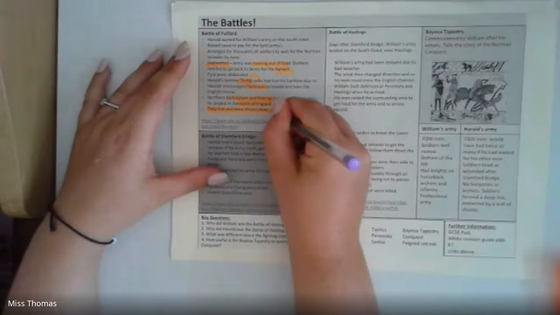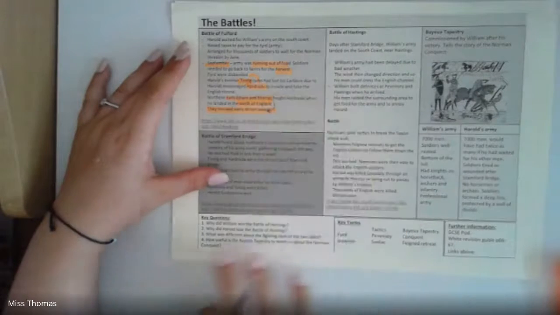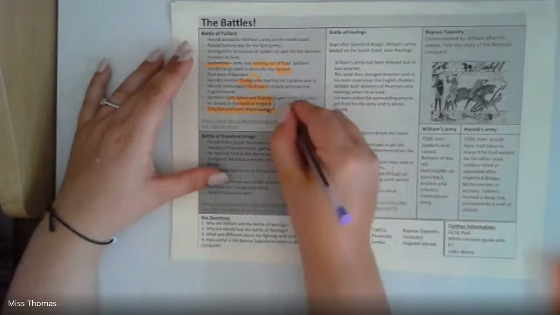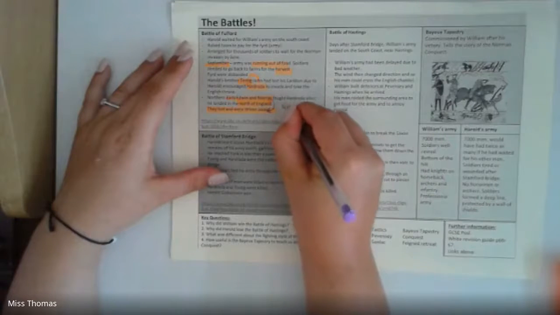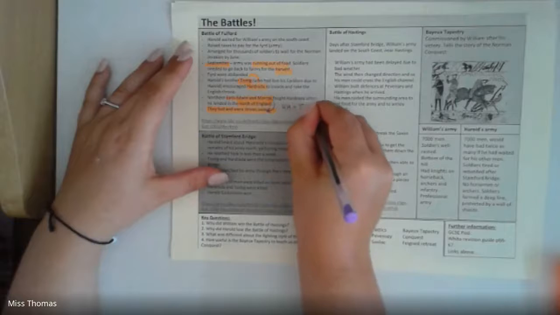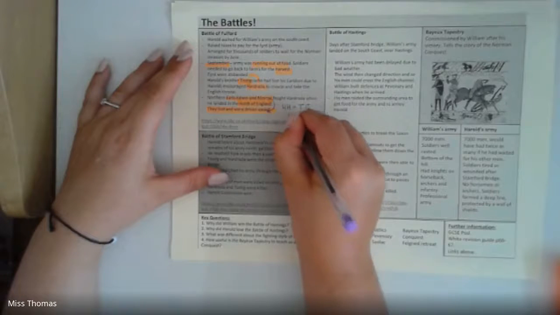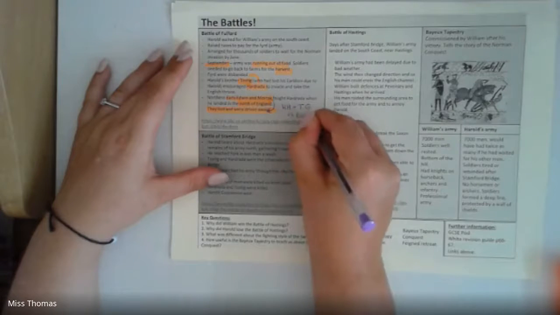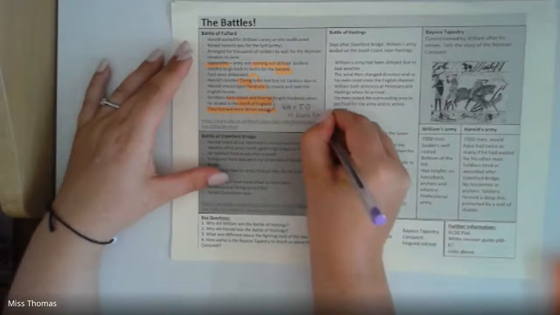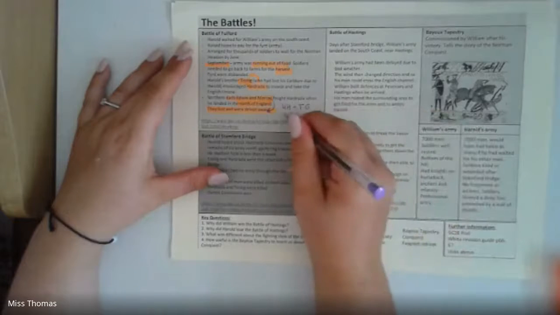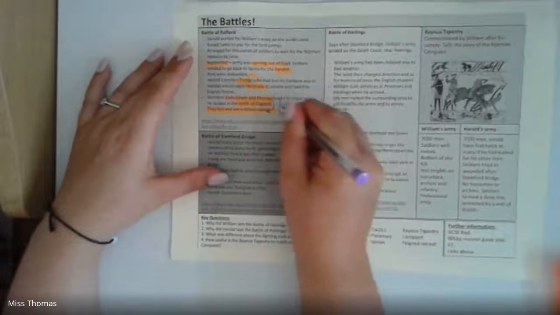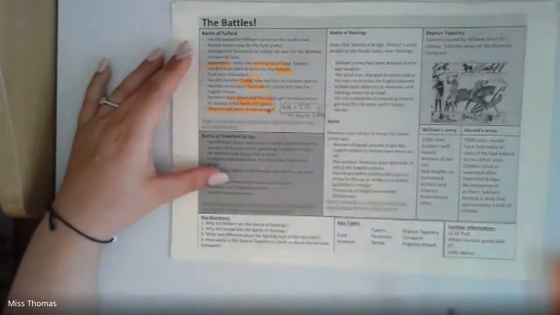Okay, they are the ones that lose and are driven away. So at the Battle of Fulford, you need to know it's Harold Hardrada plus Tostig Godwinson versus the Earls Edwin and Morcar. And at this stage, it is these two that are victorious.